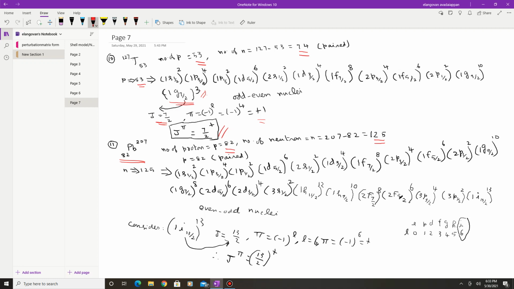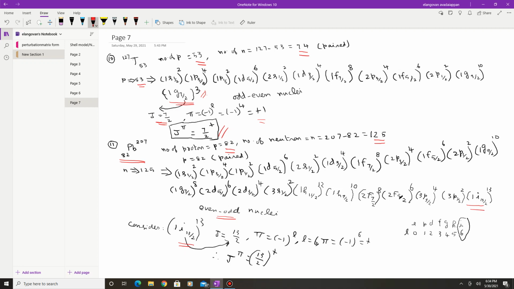Using the first diagram, the level sequence is written like this, because the sequence is a very lengthy one. And finally you will get 1i 13 by 2, and the number of particles is 13. So this is an even-odd nucleus, and the odd number is in 1i 13 by 2, 13 particles are there, so odd number.